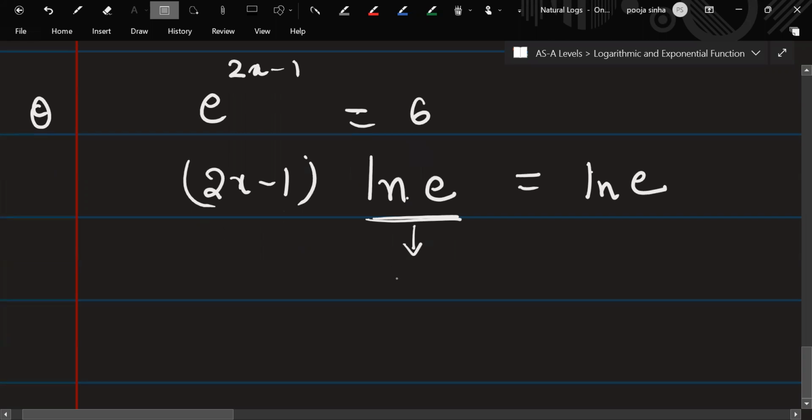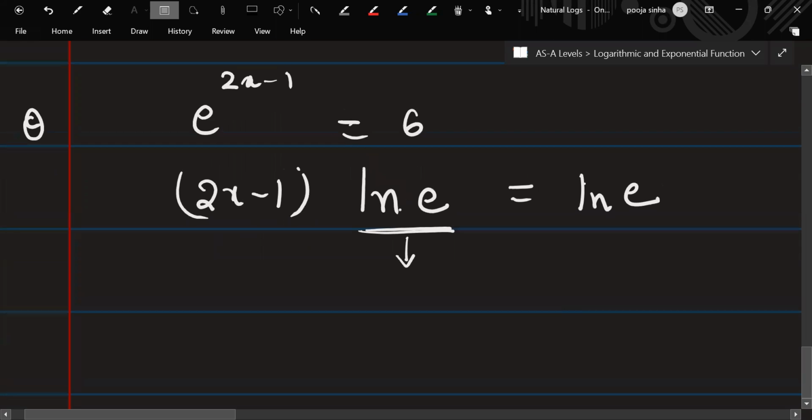I made e the base. So that becomes ln, and then 2x minus 1 comes on the RHS. 6 comes in the place of e. So ln 6 is equal to 2x minus 1, which is absolutely correct.